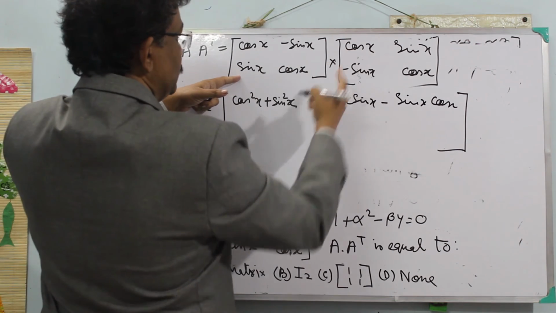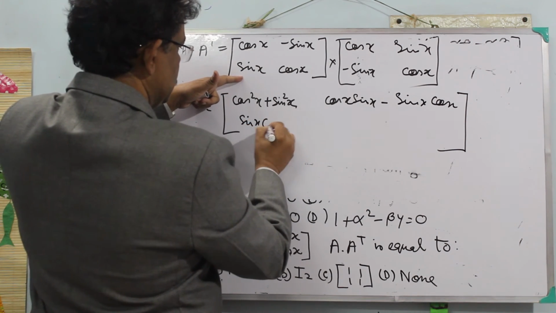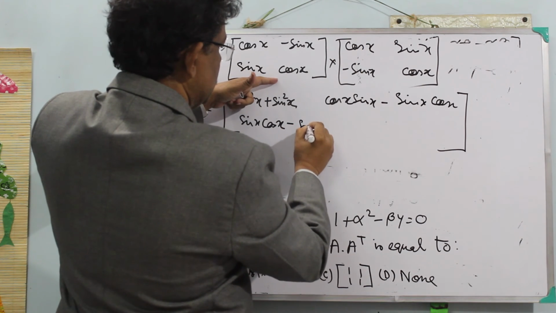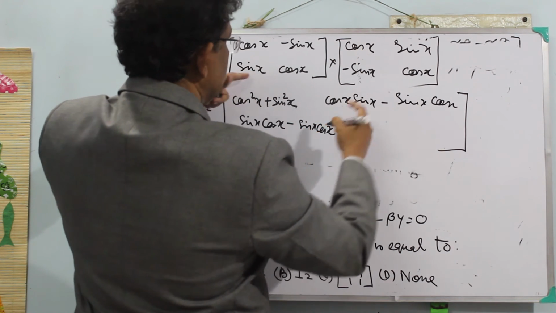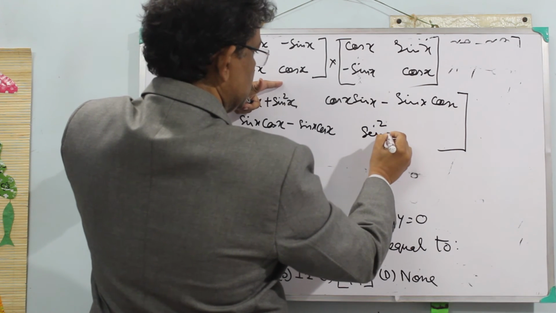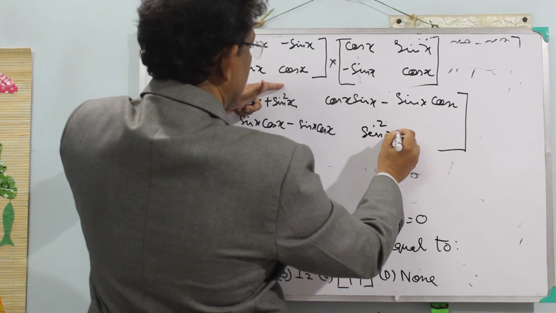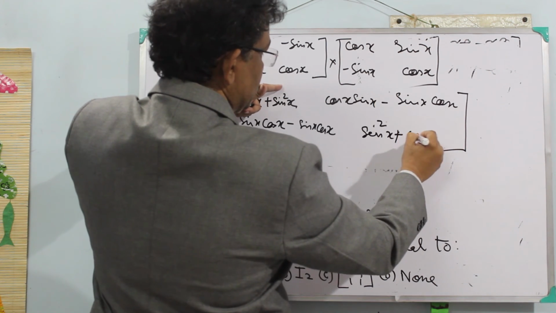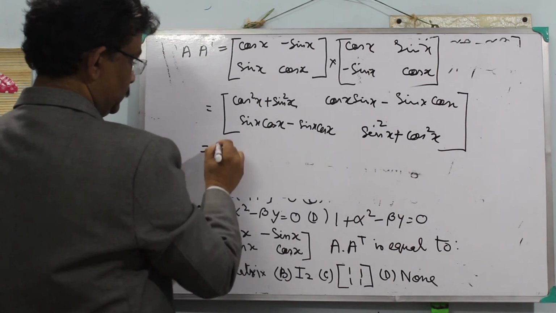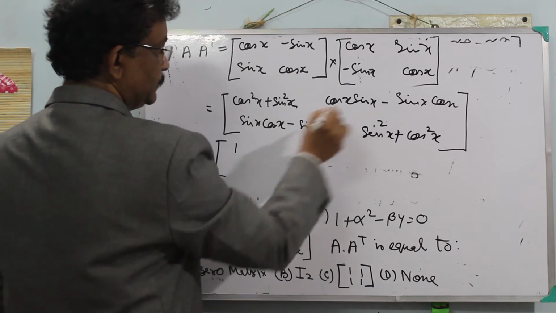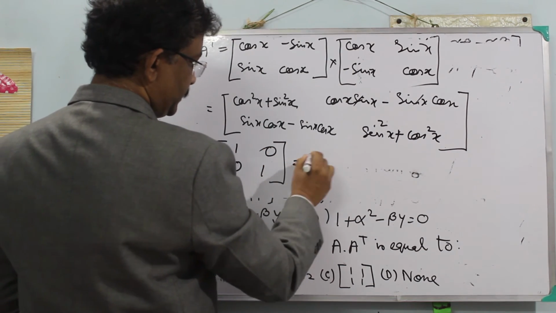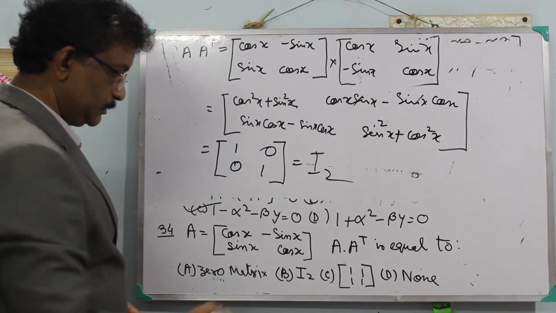Here sin x cos x minus sin x cos x, again sin square x plus cos square x. This equal to sin square plus cos square, 1 0 0 1. So it is an identity matrix of order 2. I2 is the correct answer.